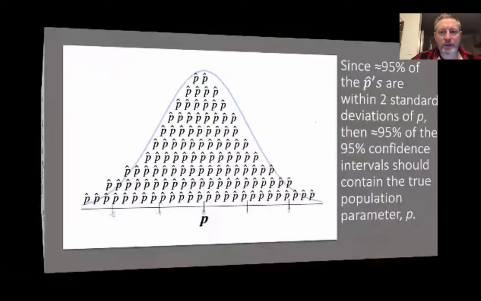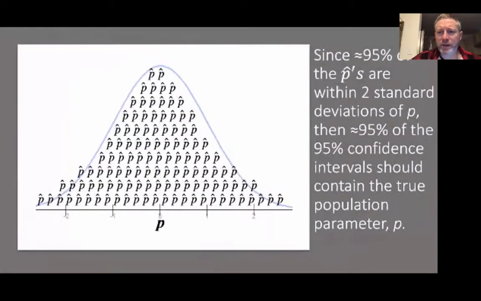Since 95% of the p hats are within 2 standard deviations of p, the true value, we believe that 95% of the 95% confidence intervals that we would build will contain the true population parameter p, whatever that happens to be. So that's where we get our confidence. That's the theory. That's the bedrock underneath all of the stuff that we're going to do from now to the end of the course.